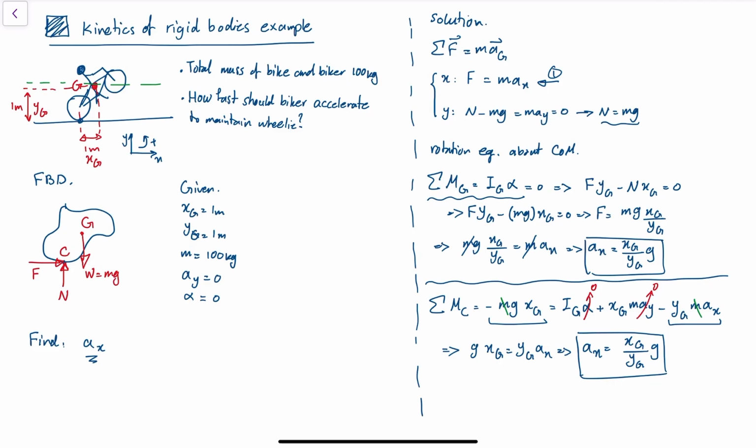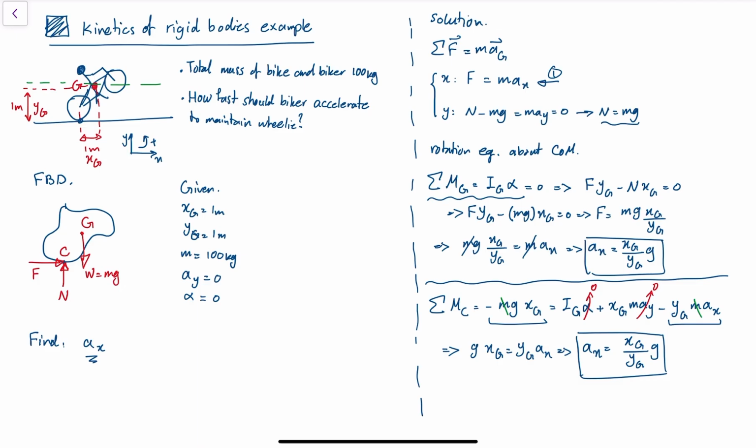So as you can see, it is possible to simplify the solution by being a bit clever and looking at the setting of the problem, choosing the right set of equations. This is one of the things you have in rigid body kinetics, because you have a choice.